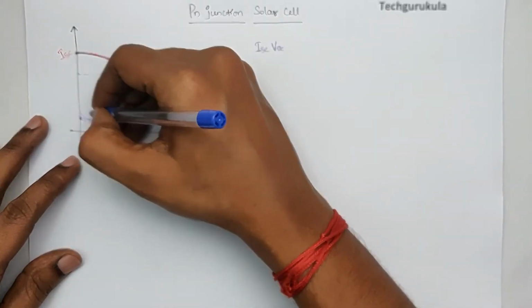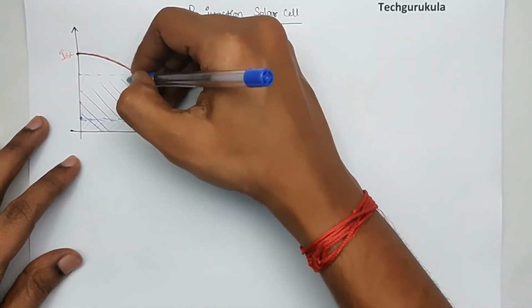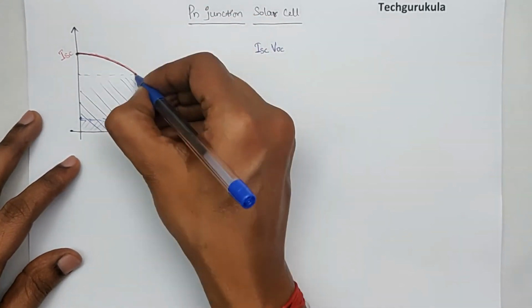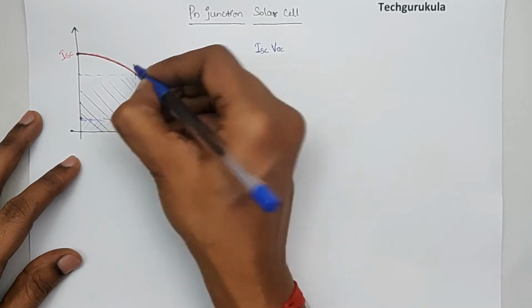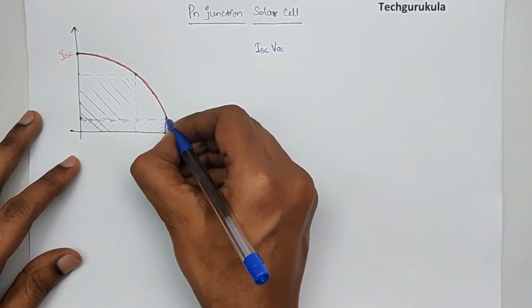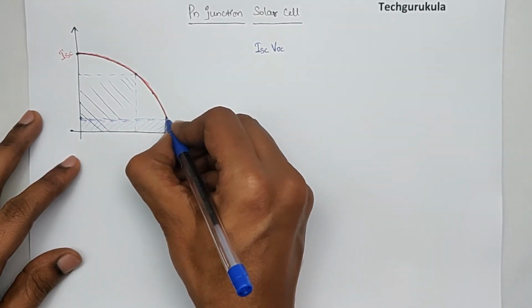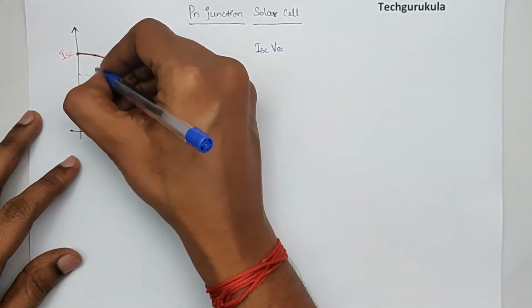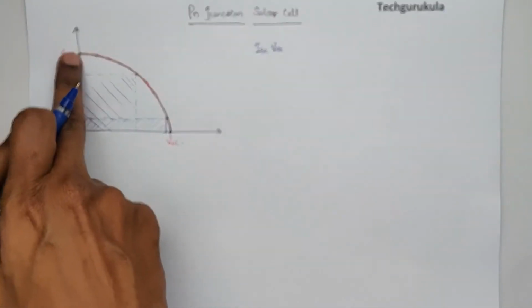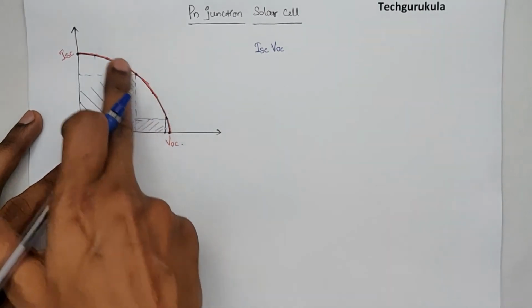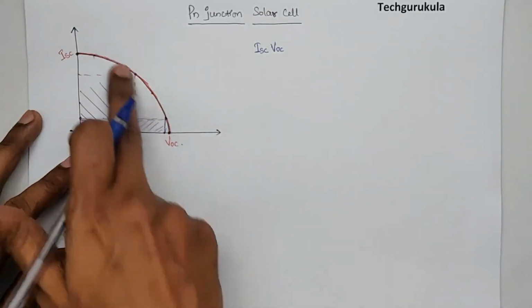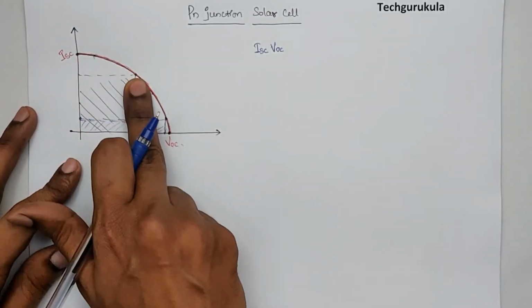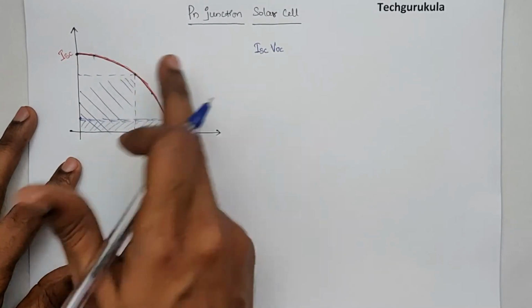So in this case, the area is higher, which means the product I times V here is higher than the product I times V here. Now if we move here, again the area would be smaller. So as we move from this point to this point, or this point to this point, there is some point somewhere between, at which operating point the power is highest.